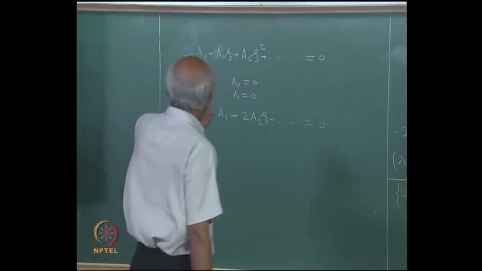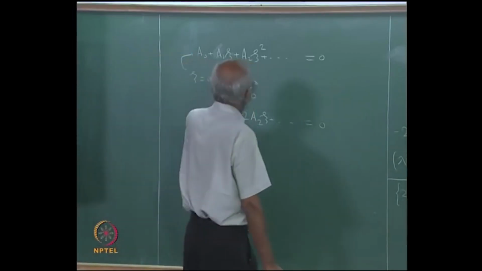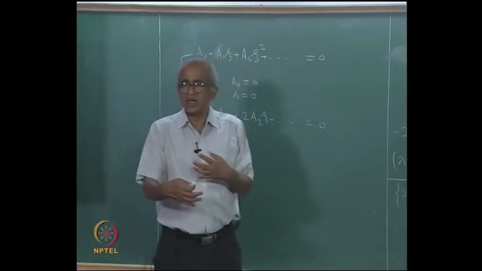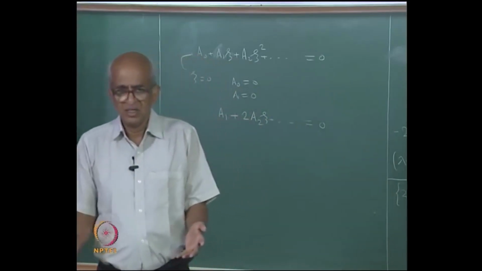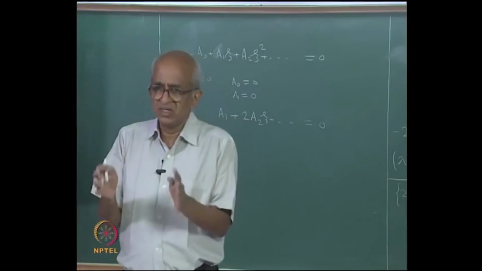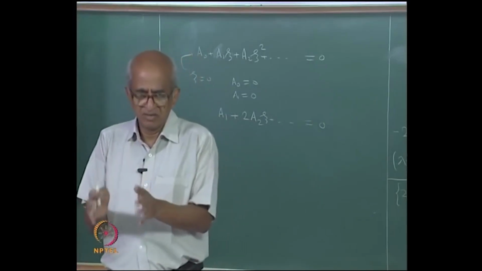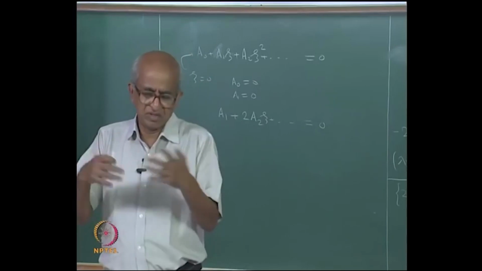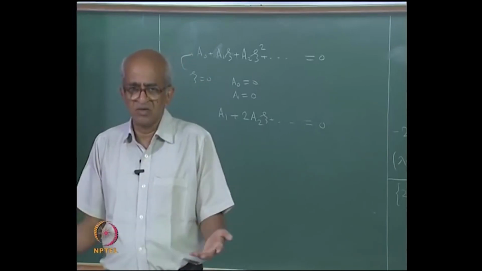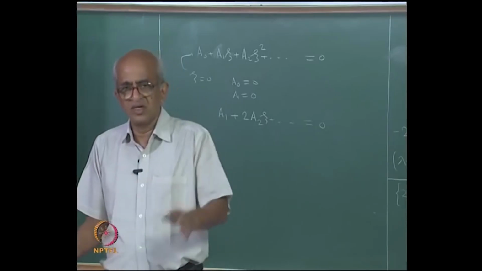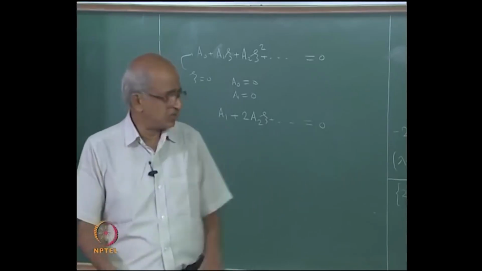So, if you had such an equation where you have a power series and the power series is identically equal to 0 for all values of the variable, then the only way that can happen is that each coefficient, the coefficient of c to the power of j in general, has to be equal to 0. So, that means a0, a1, a2, a3, a4 are all equal to 0.